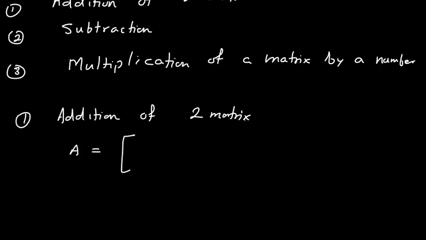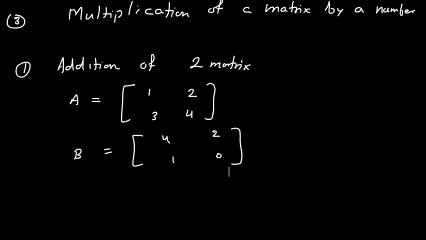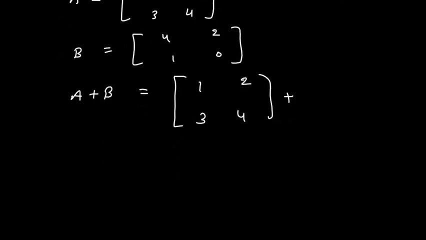So if A is equal to 1 2 3 4 and B is equal to 4 2 1 0, then addition A plus B is: first we will write A, which is 1 2 3 4, plus B, which is 4 2 1 0.